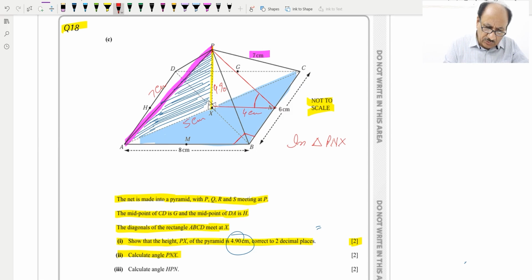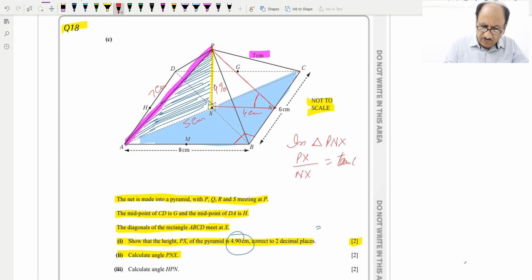So we can write in triangle PNX, PX over NX, opposite over adjacent, will be tan theta.